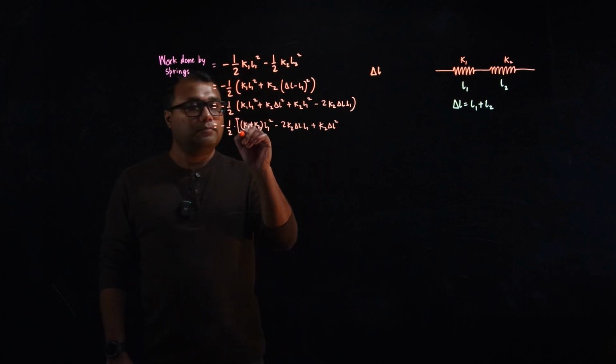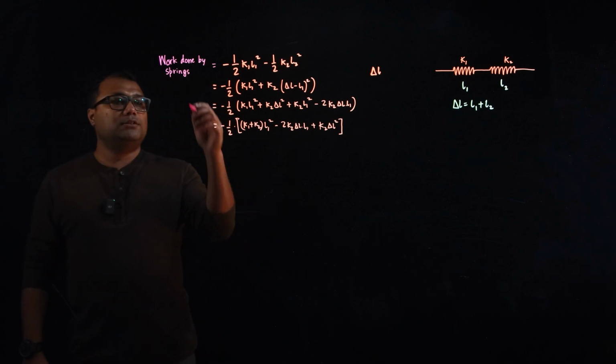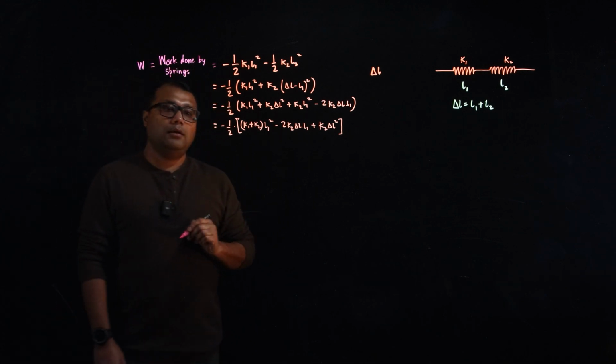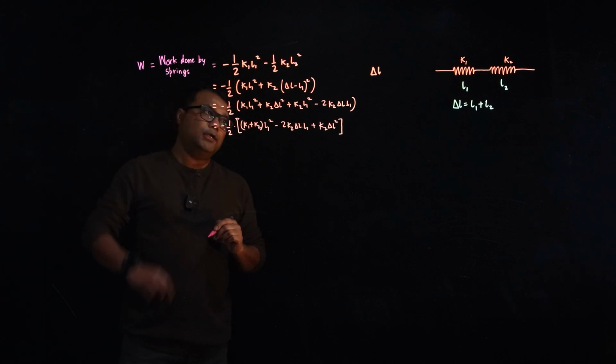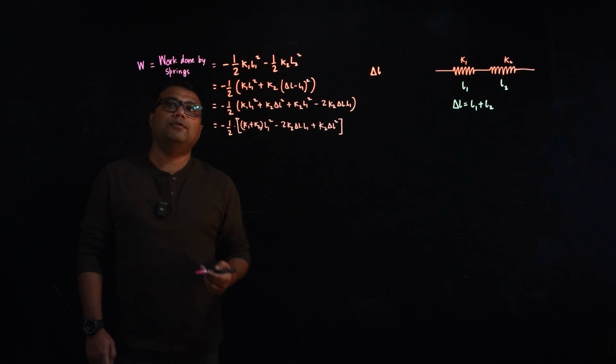Okay. Now let's just call this W. Now the work done by the springs or on the springs will be negative of this.